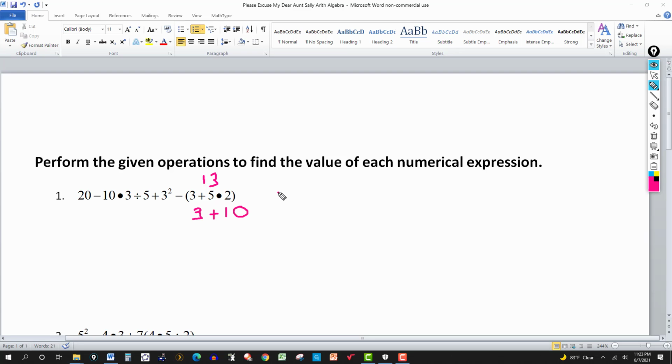So again, let me rewrite this. 20 minus 10 times 3 divided by 5.